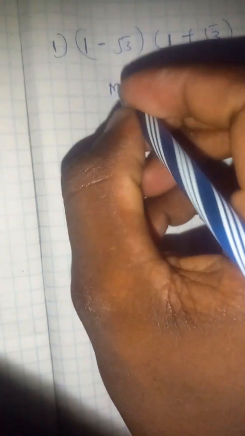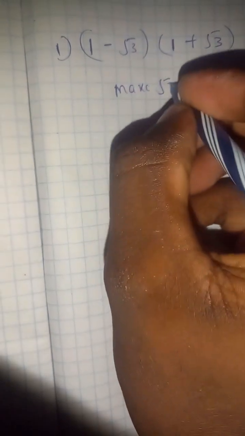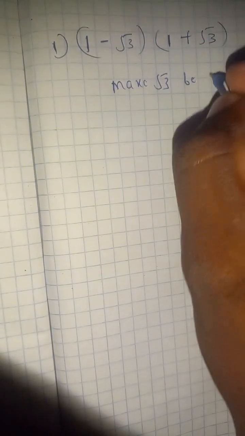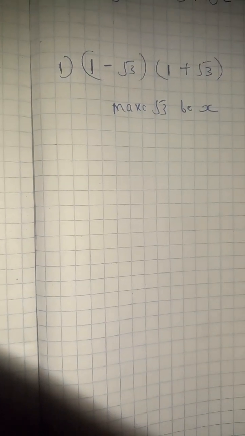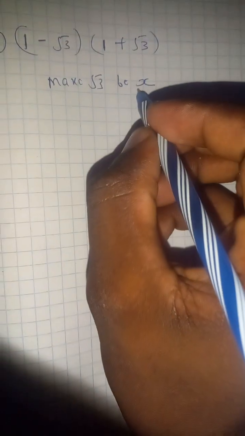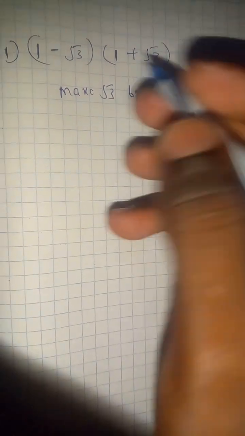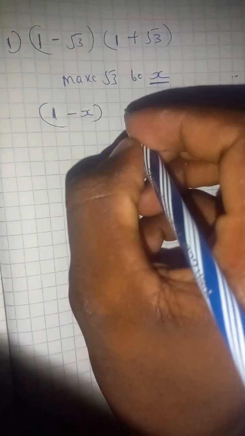You can make root of 3 be, for example, x, to make it easier. That's why we introduce a letter. So you say 1 minus x multiplied by 1 plus x.